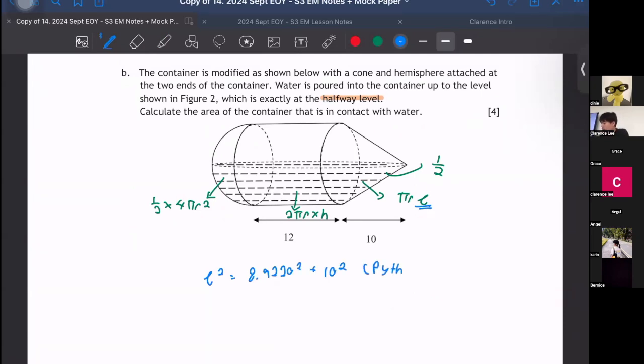We are using Pythagoras theorem in this case. Because my radius is over here, my height is over here. So from here, L will be equal to 13.402 cm, 5 SF.